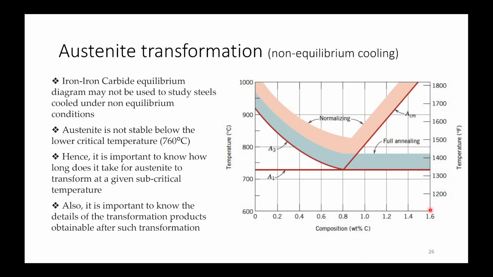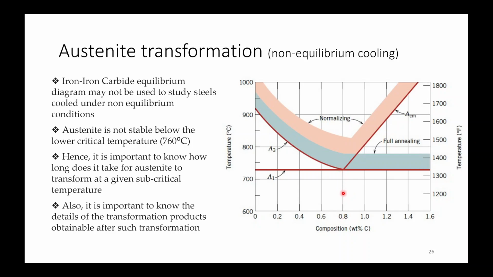For example, at 1.67%, you'll have a single line for that percent carbide. Like that, you'll get pearlite corresponding to only 0.8% of carbon. Pearlite is always obtained from the eutectoid composition, 0.8% composition only.